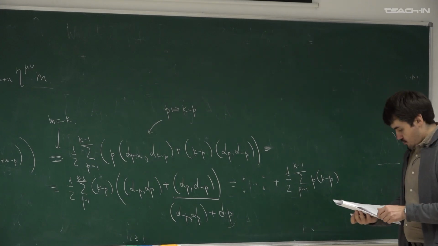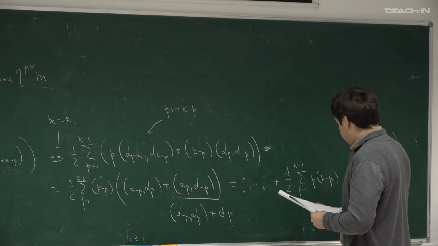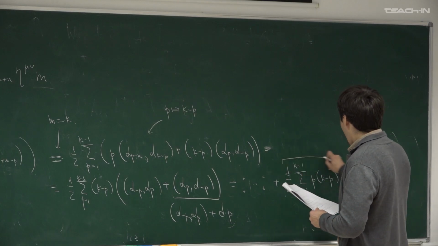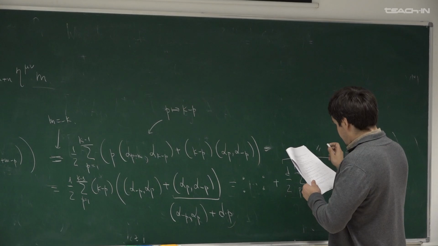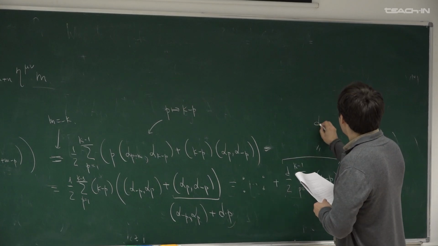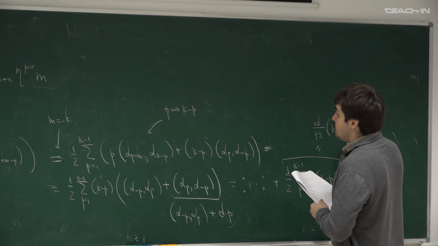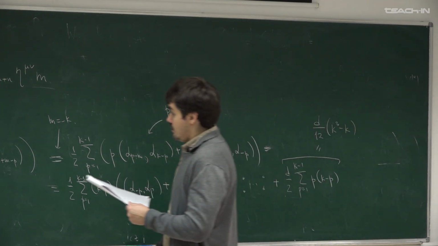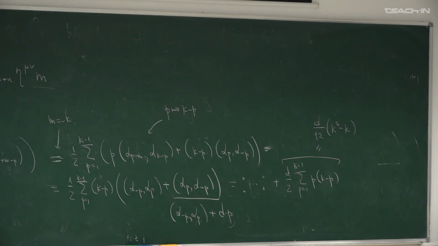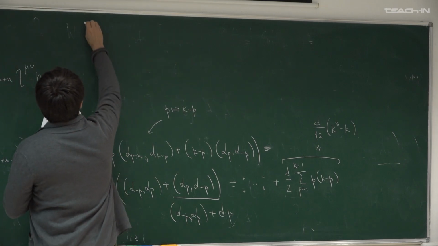And then you do the sum, and this is d over 12 (k cubed minus k). So that means the algebra has the following form.